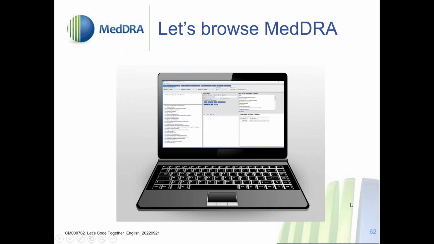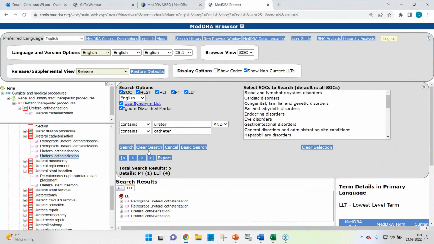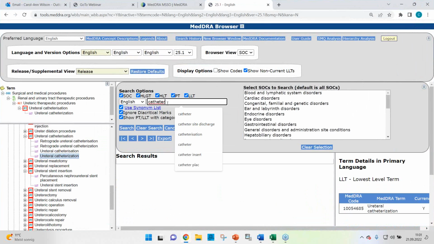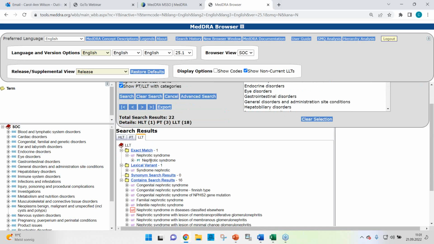Here we are. Let me go back to the basic search and look for nephrotic syndrome. And search. Here we are. This is a diagnosis.